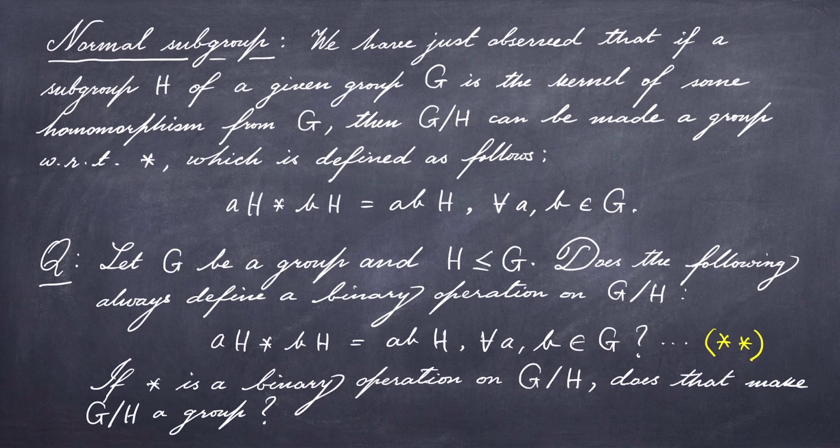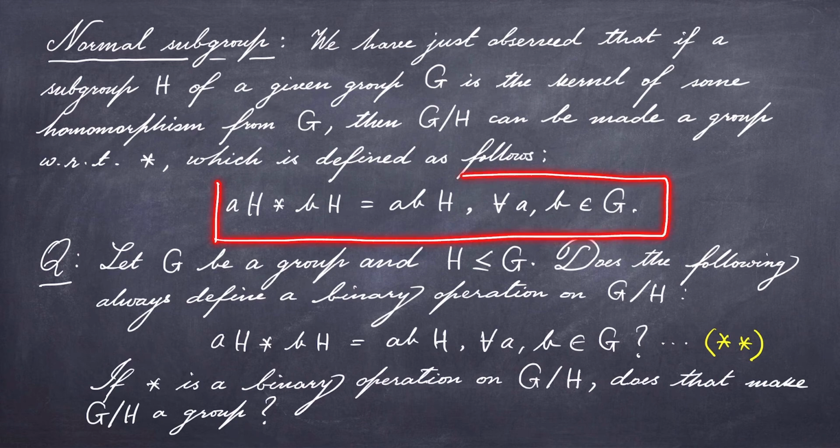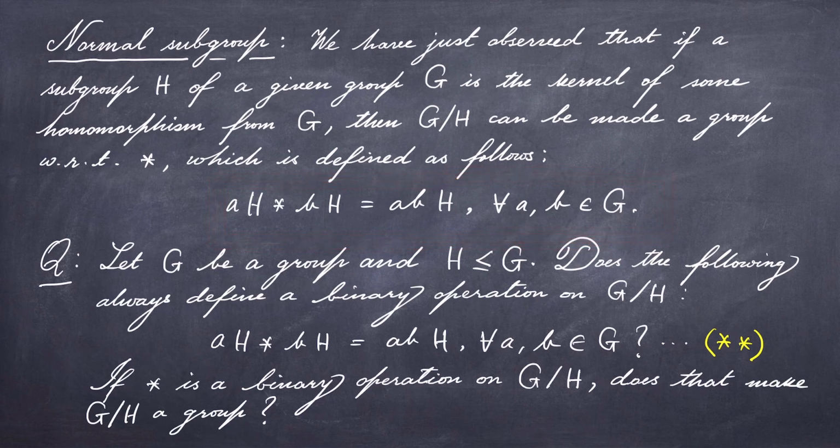Now it is very natural to ask for which class of subgroups of G this phenomenon holds, that is, the set of all left cosets can be made a group with respect to a binary operation defined like this.